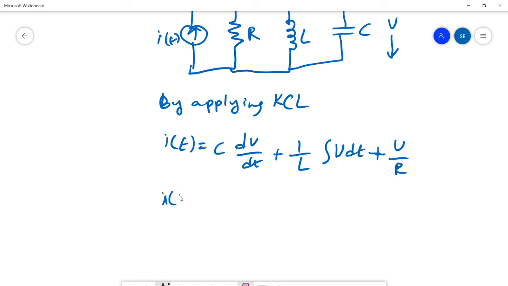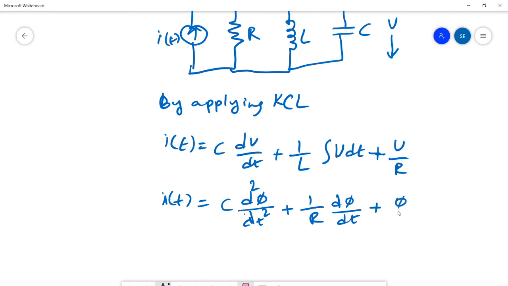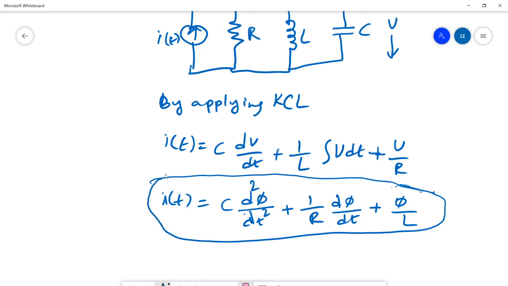I of t is equal to C into d square phi by dt square plus 1 by R d phi by dt plus phi by L. We'll take this equation as C.